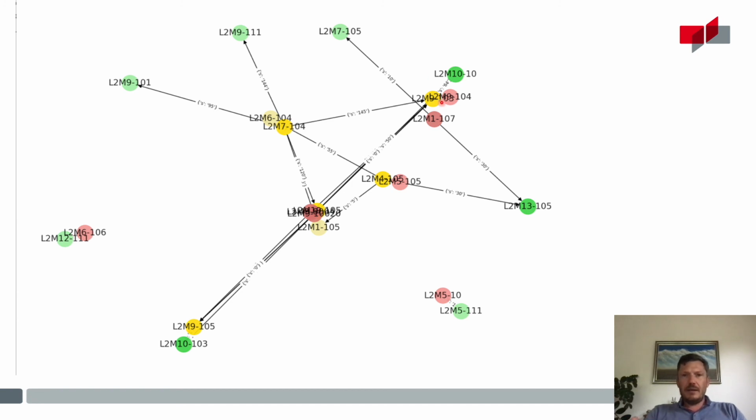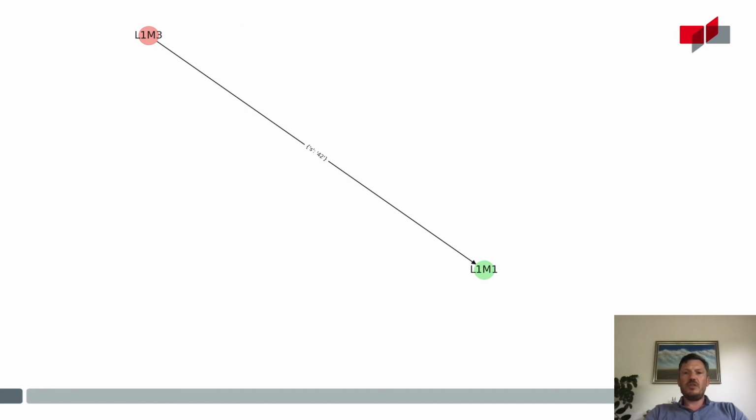Let us, at the end of this talk, extract 2 pictures which give a result in iteration 1 and 2. So this is 2 machines which in iteration 1 turned out to be correlated strongly with a time shift of 42 seconds.